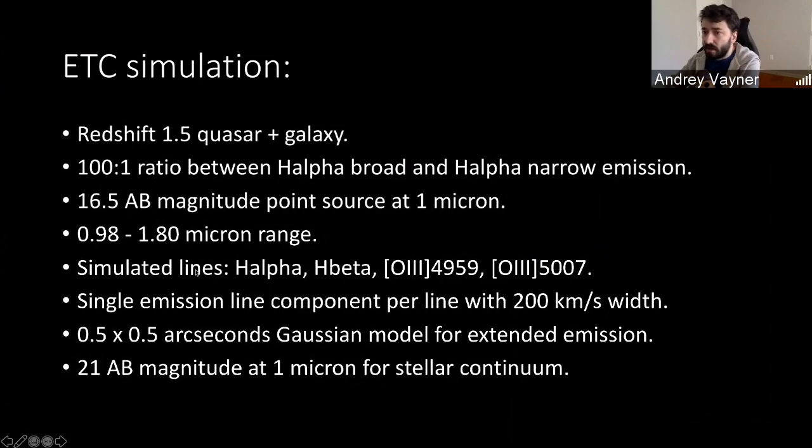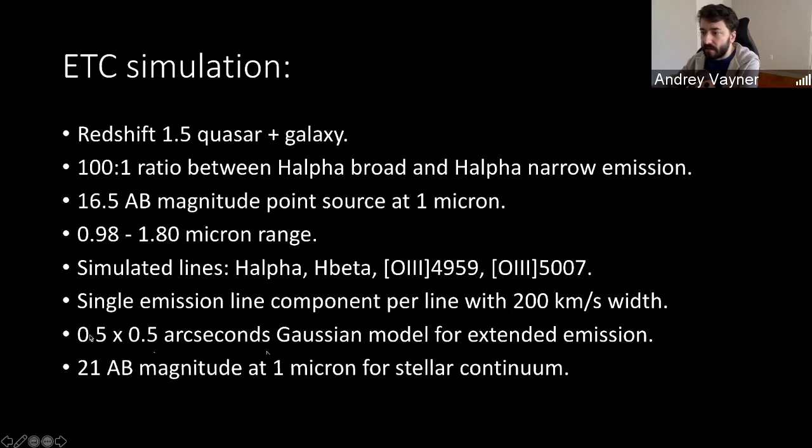The simulations are done from the 0.98 to 1.8 micron range, and we're simulating 4 emission lines near H alpha, H beta, and the oxygen 3 doublet. We have a single emission line component per line with a width of 200 kilometers per second. For the host galaxy, spatially, we're simulating a 0.5 by 0.5 arc second sigma Gaussian, centered exactly on the quasar.